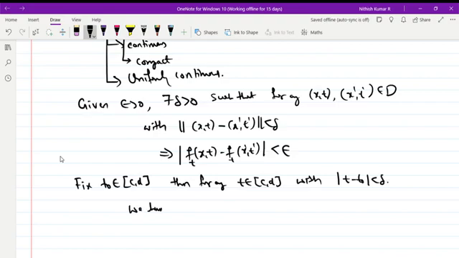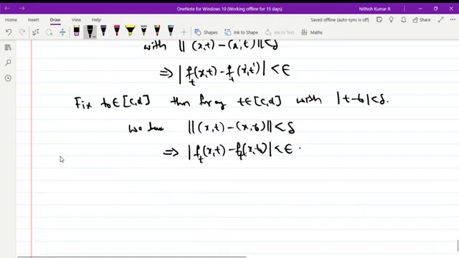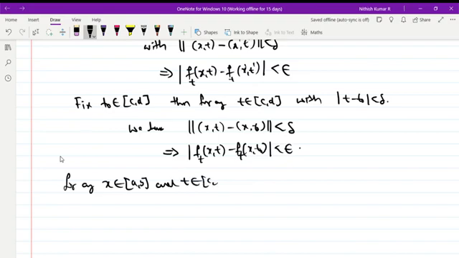We have, as we vary x, that is norm of (x, t) minus (x, t naught) is less than delta, implies by the uniform continuity of f t, we have f t of x comma t minus f t of x comma t naught is less than epsilon, for any x belonging to the closed interval a comma b.